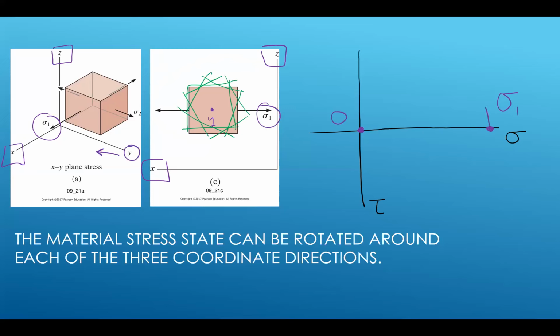Because it's sigma 1, we know that it's going to be larger than sigma 2, so I want to draw it graphically larger. All right, so this is our Mohr circle for rotating this material about the y-axis.